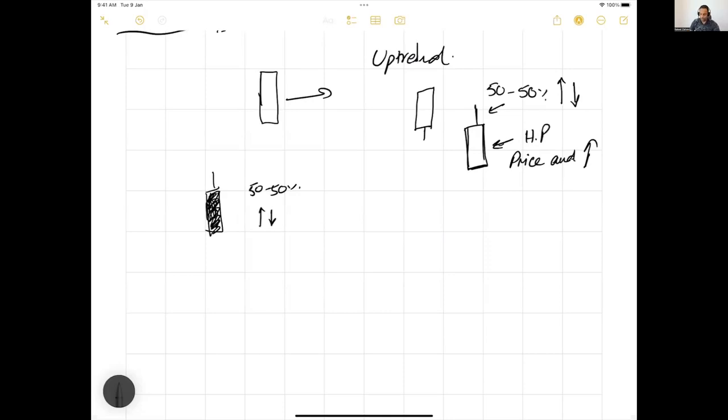Whenever it closes with no wick on the top, normally when I first started, I'd look at candles that would close like this one, or I'd look at candles that close like this one. I would automatically assume that there's a lot of volume for price to continue.